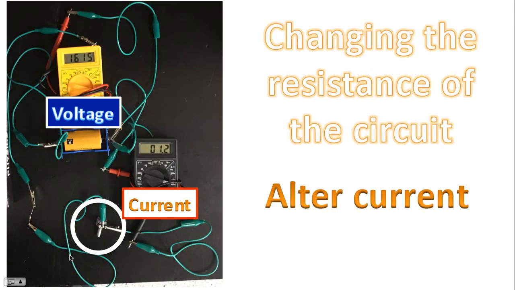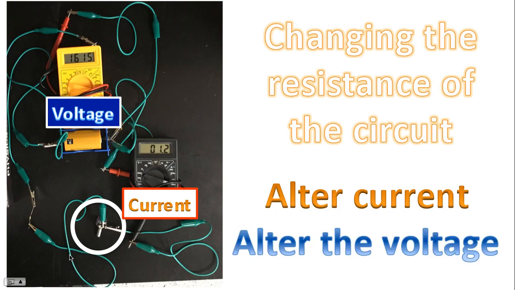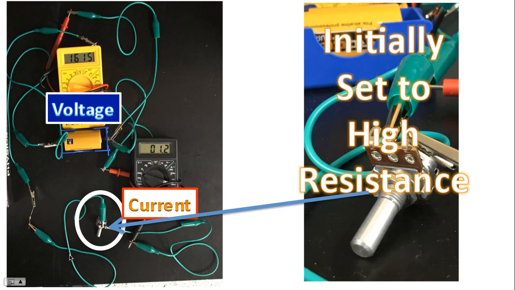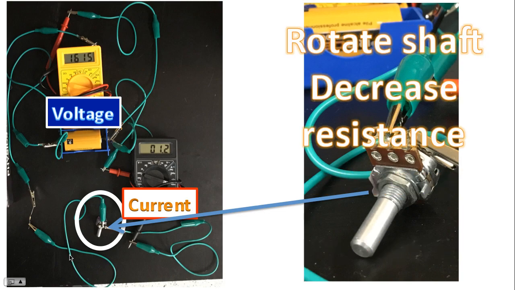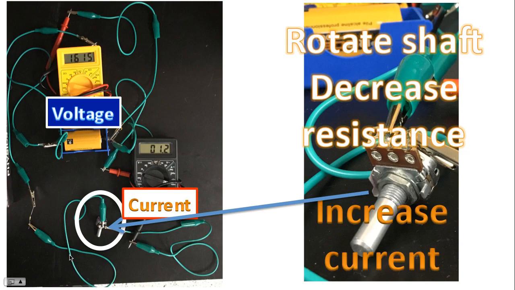In turn, this will alter the current flowing through the circuit, which will alter the voltage. Initially, this variable resistor is set to high resistance, which means there will be low current. We will rotate the shaft to decrease the resistance, and this will increase the current flowing through the circuit.